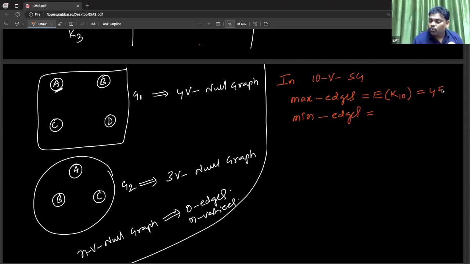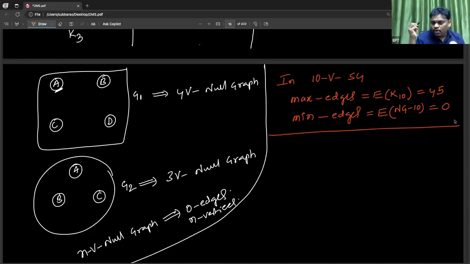Next one, minimum edges how many? What is the number of edges in a null graph with 10 vertices? Which is going to be 0 edges.